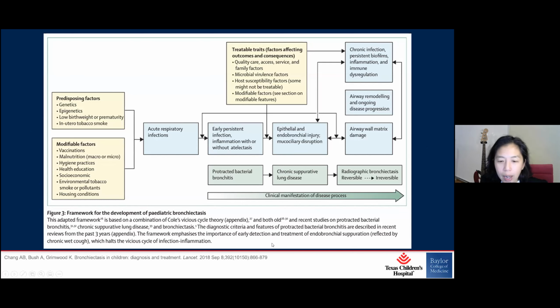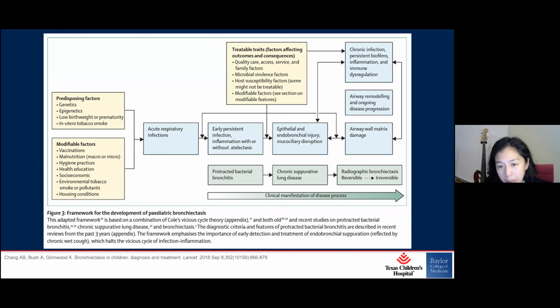So, the pediatric pulmonologists talk about this vicious cycle, and this is a picture that I took out of a paper from Lancet, which diagrams this. So why do we care about PBB?